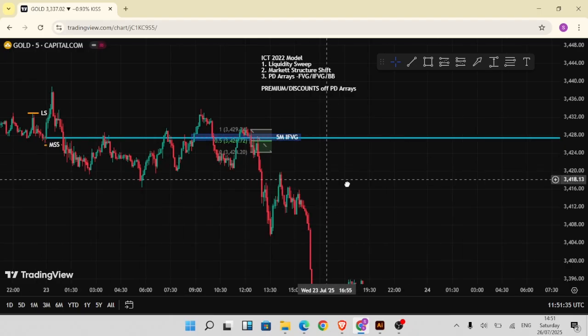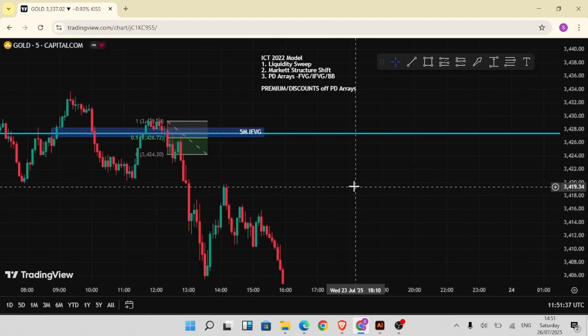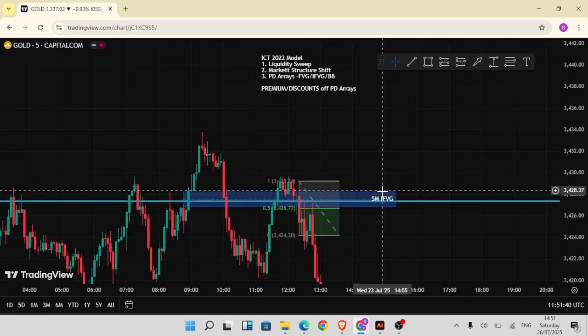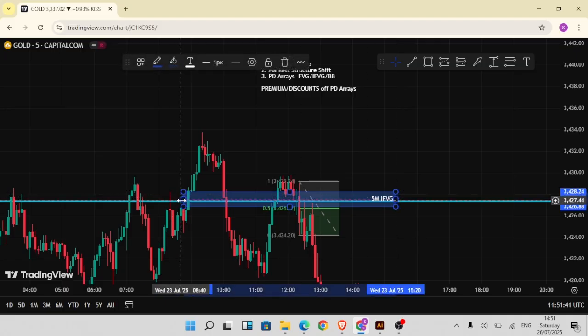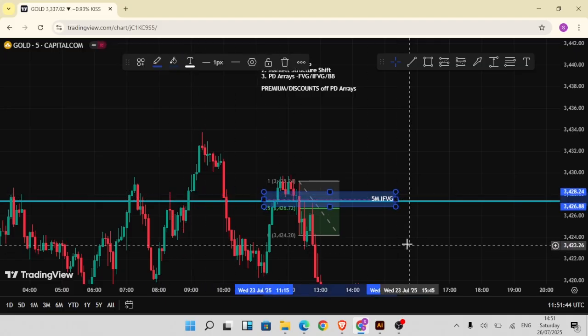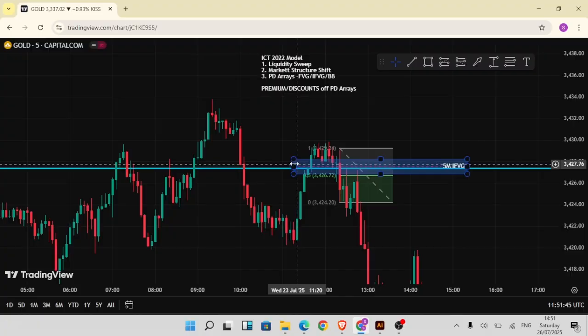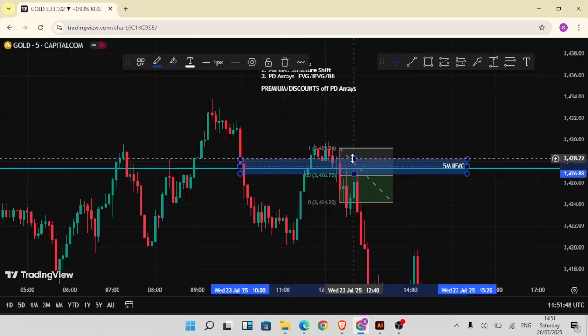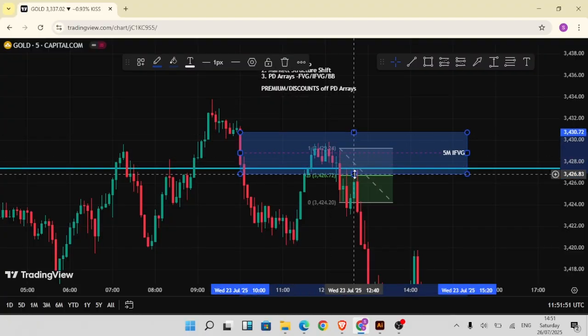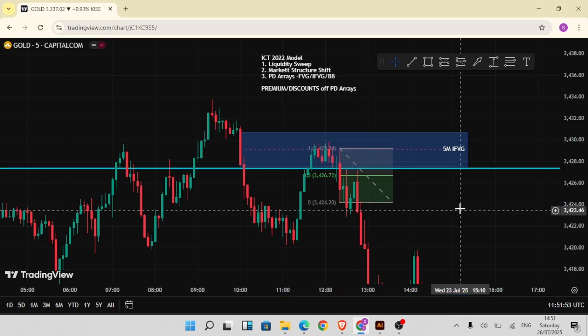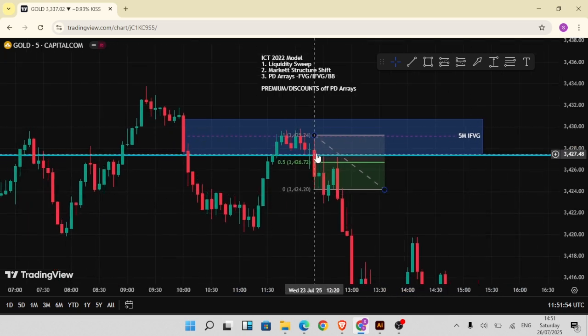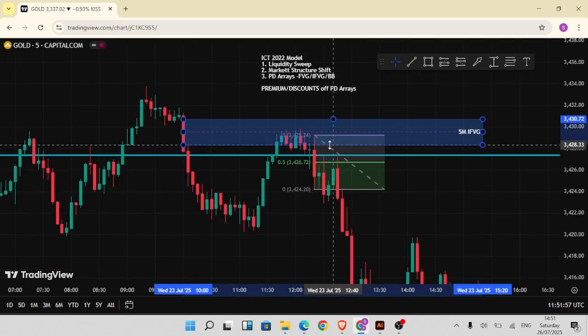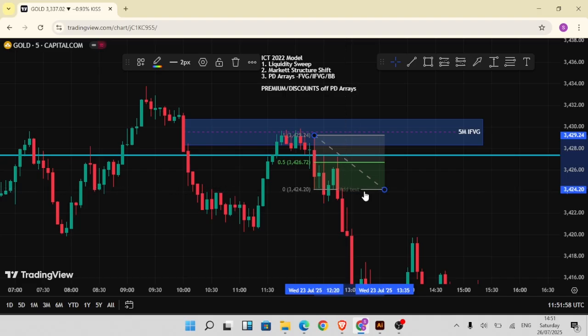Okay, so that is an opportunity you would have taken. Assuming you missed that, but you have this inversion here within this area that is forming our high, right? This was again another opportunity.